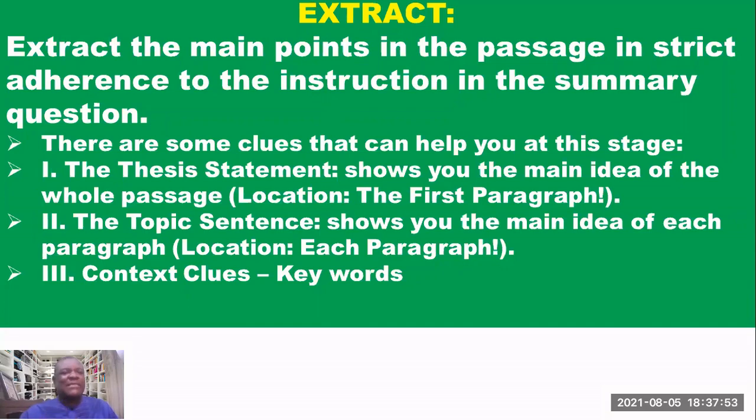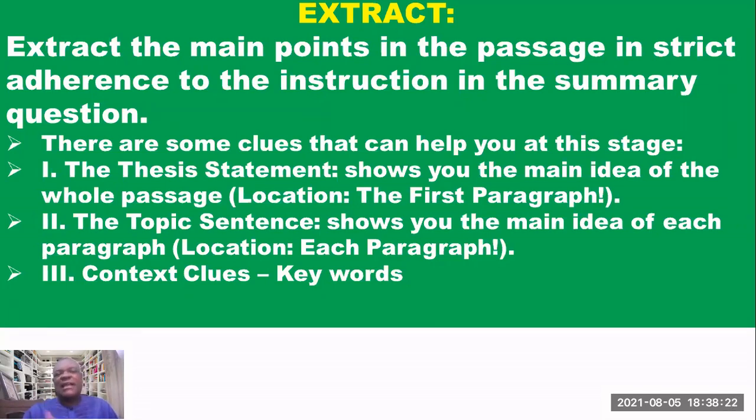Now, there is a particular part of every passage, every writing, called the thesis statement, normally located in the introductory paragraph, which is the first paragraph. If you are able to locate the thesis statement, it gives you a summary of the whole passage, a statement that tells you everything the writer is saying in the passage.